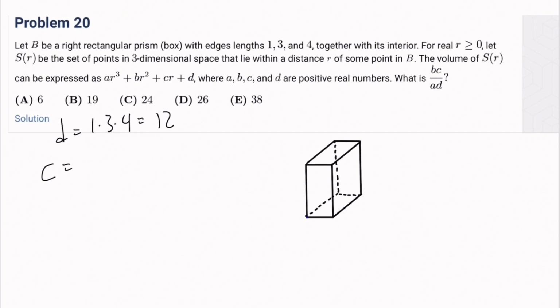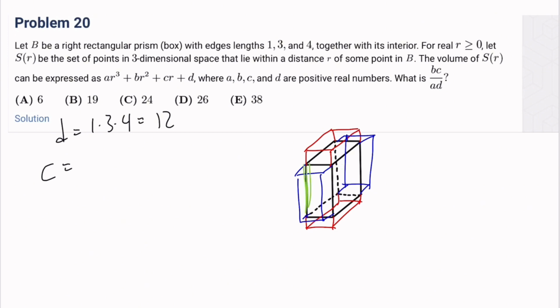And the next is C, which is C times r, right? If you see here, that's just going to be these parts, right? There will be one on top and one on the bottom, like that, and one at the front and one at the back, and there are also two on the sides having this as the face, and it's coming out by r, right?